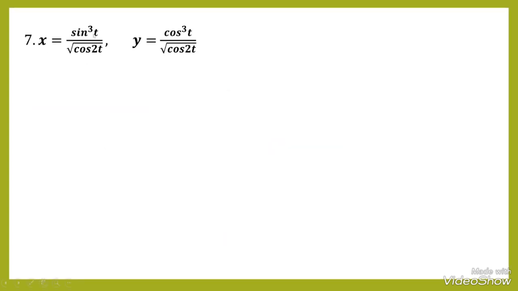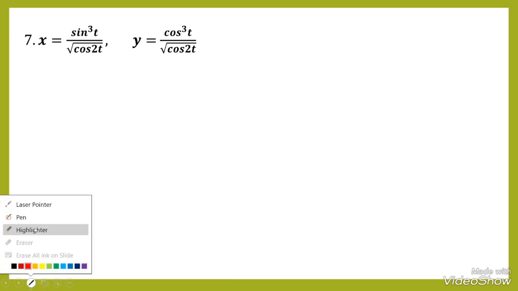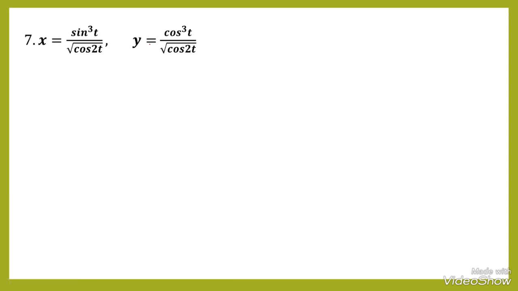Number 7, that is x is equal to sin cube t divided by root of cos 2t, and y is equal to cos cube t divided by root of cos 2t. First, I will take x is equal to sin cube t divided by root of cos 2t.